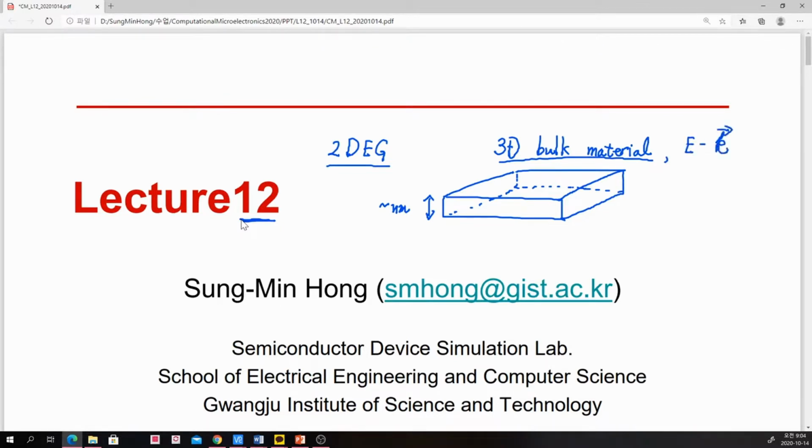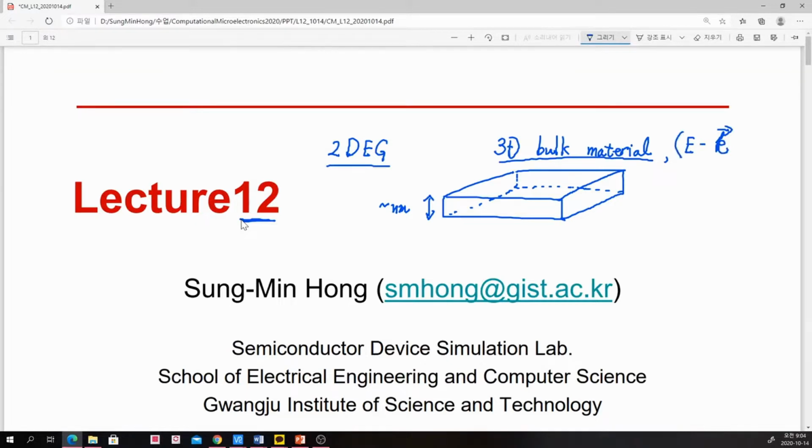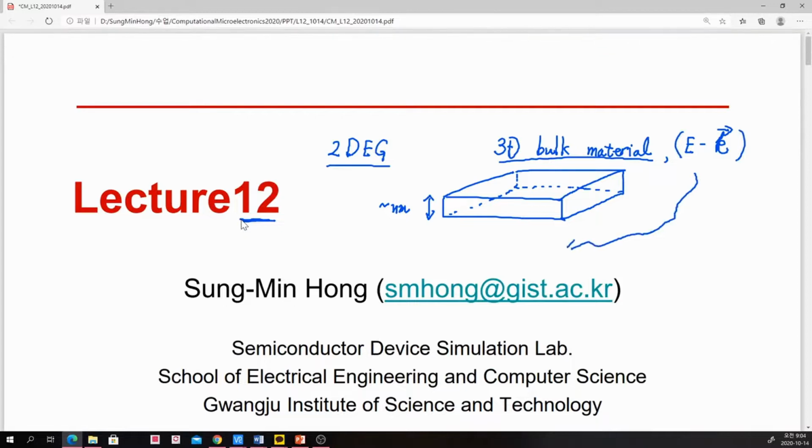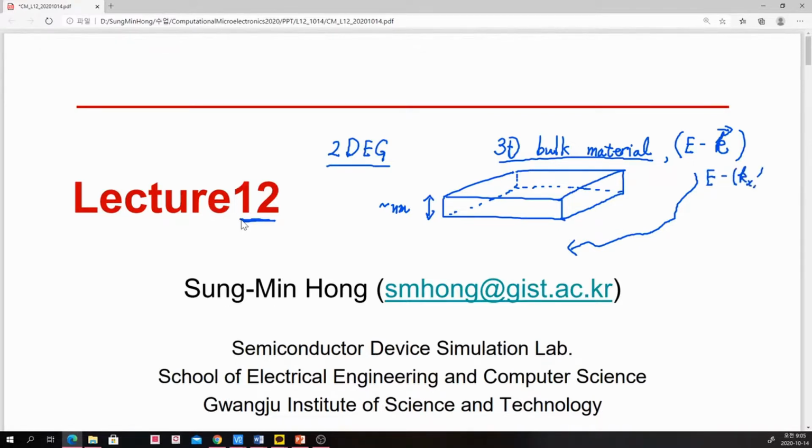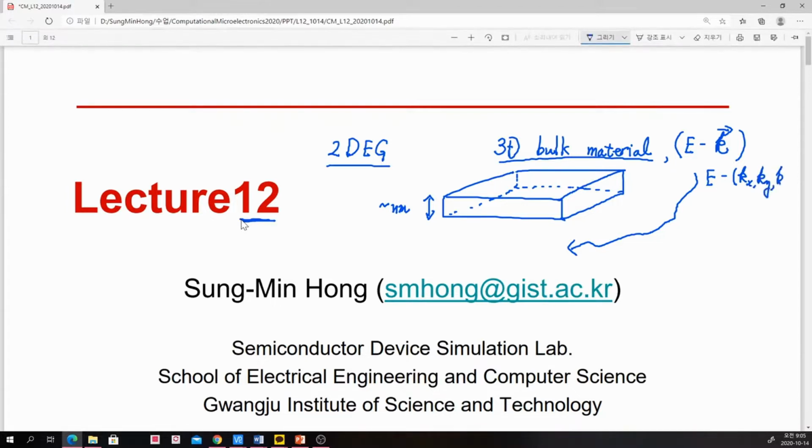Anyway, although we have the three-dimensional E-k relation in our three-dimensional bulk system, when we go to this thin structure, our energy versus momentum relation should change. Previously we had energy as a function of kx, ky and kz, but now in this two-dimensional electron gas description the k vector is no longer three-dimensional.